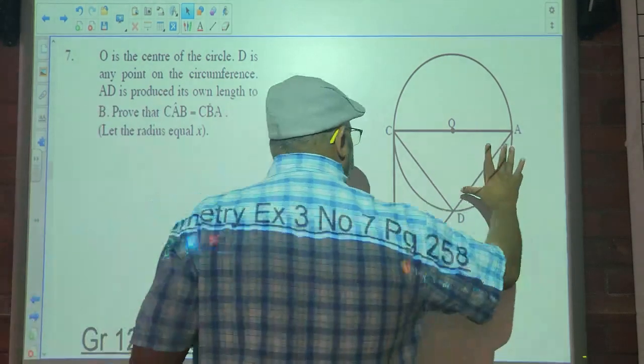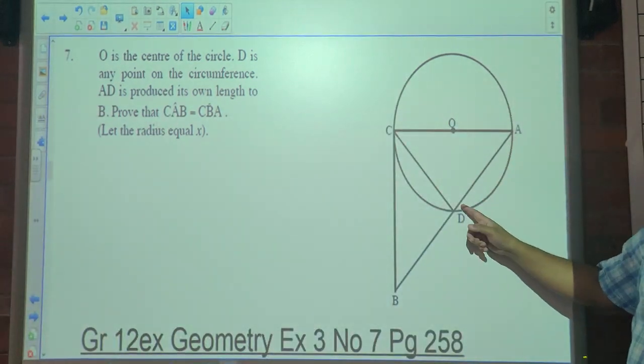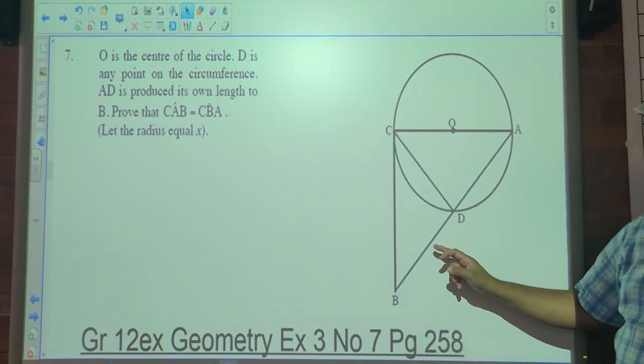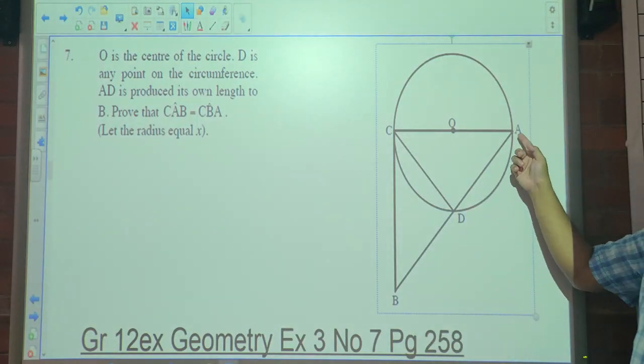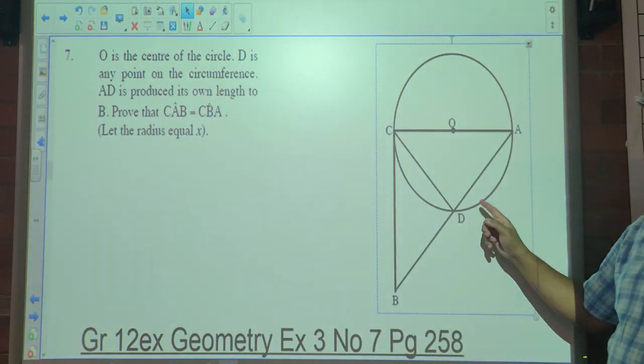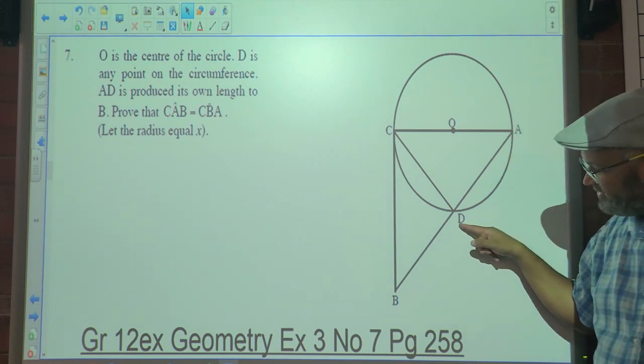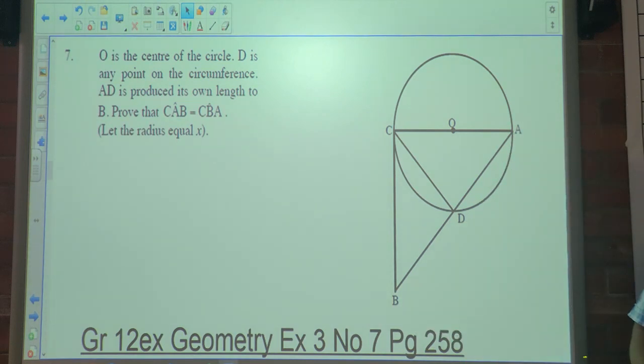The length of AD, its own length, so that length has to be the same as this length. So whatever AD was, if it's extended by its own length, you get BD.